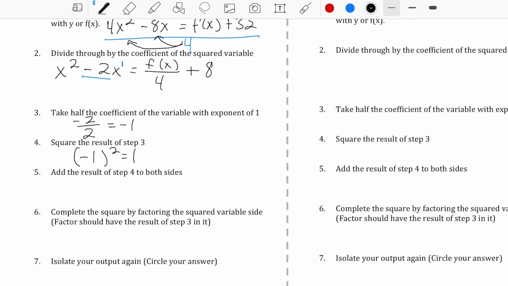So I'm going to copy down here. I have x squared minus 2x equals f of x divided by 4 plus 8. I'm going to add 1 to both sides.